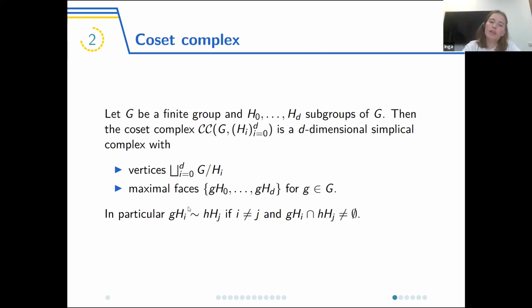And the maximal faces should be of the form where we have one coset from each subgroup, and we shift them all by the same g in our group G. And then we take the downward closure to make it a simplicial complex. In particular, you could say that two vertices are adjacent if and only if their indices are different and their intersection is non-empty.